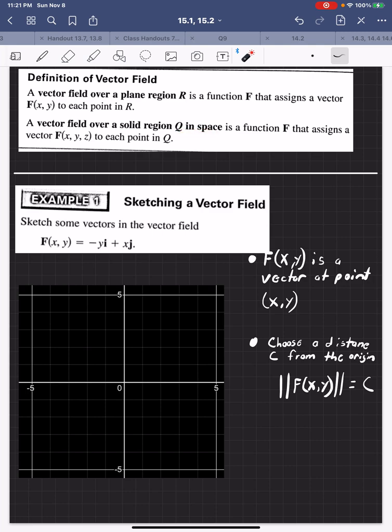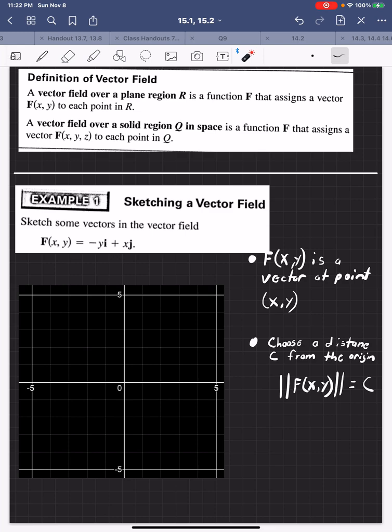The idea is that a vector field over a plane region R is, first, a function. That's the important thing. So it's a vector valued function, and this function assigns a vector to each point in the region. This notation here is the notation for the vector valued function, and its job is to assign vectors to various points in whatever region you're dealing with.